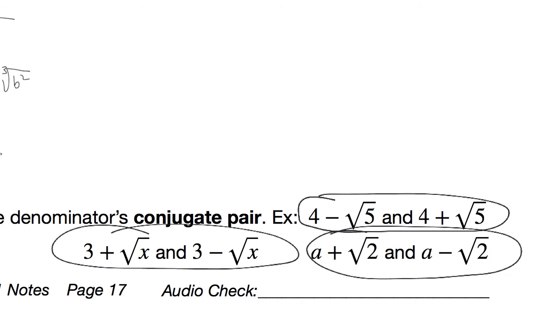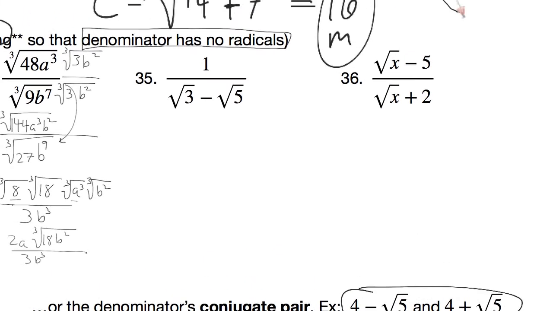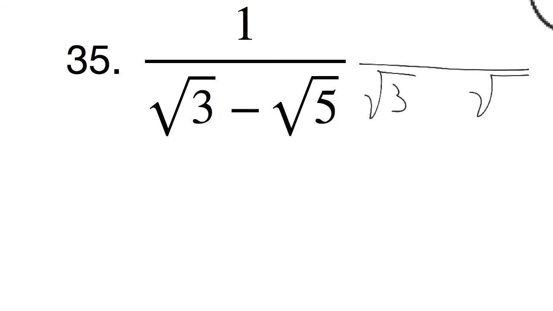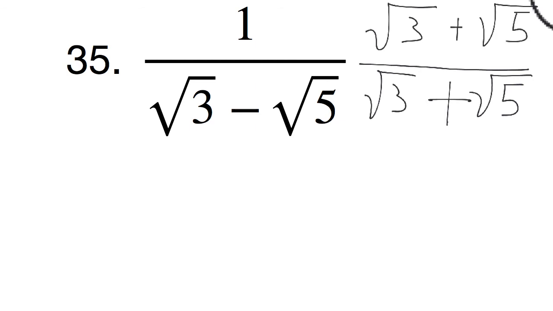So we're going to multiply this fraction by its conjugate pair. You can see the conjugate pair would be 3 and 5, but instead of subtraction, we're going to have addition. Whatever you do to the bottom, you got to do to the top. So square root of 3 plus square root of 5.